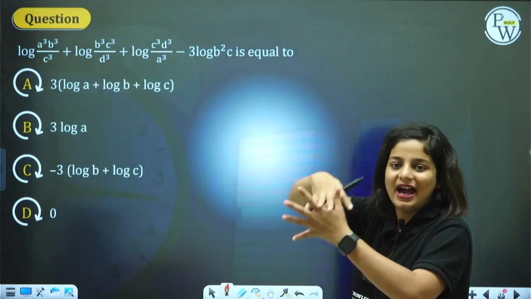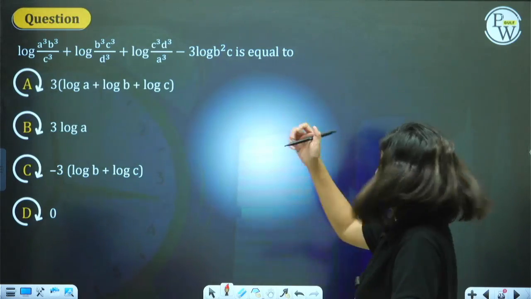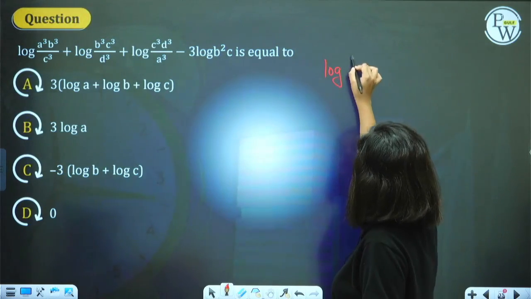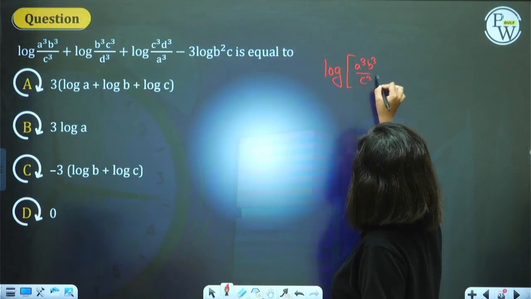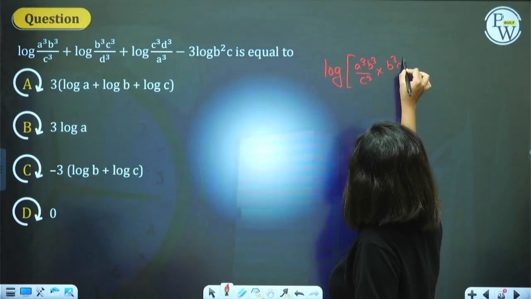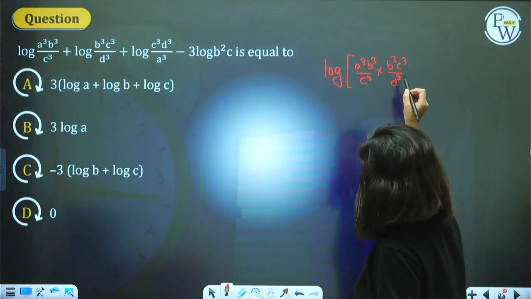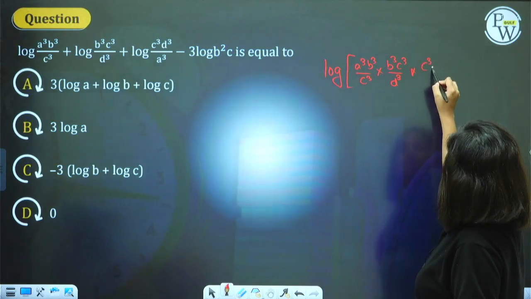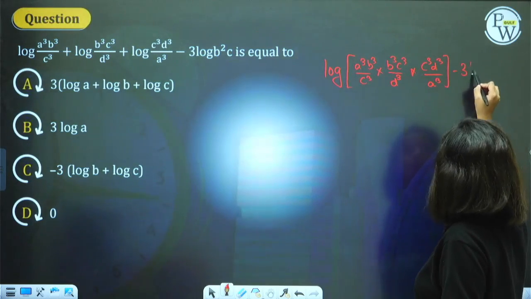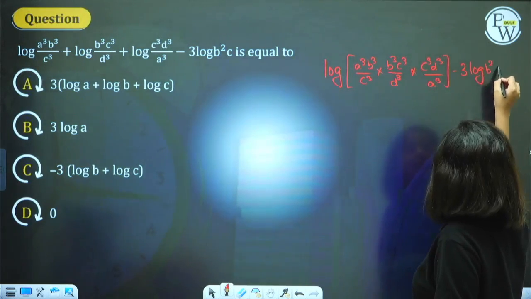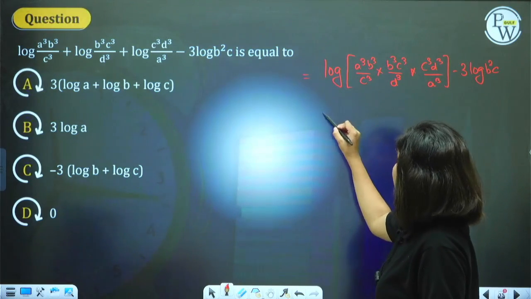Let's add all the logs. Added logs can be combined together and terms inside can be multiplied. So a cube b cube by c cube into b cube c cube by d cube into c cube d cube by a cube. Write the product law. Very, very frequent law used.